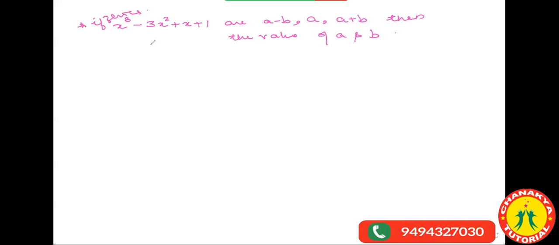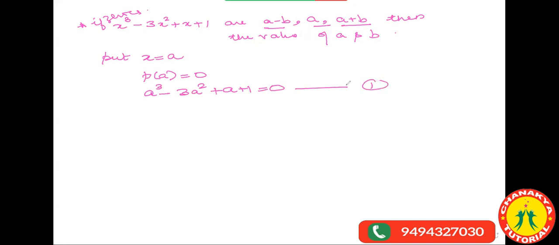So what do you mean by zeros, children? That means these are the values of x. So first of all, you will put x is equal to a in this polynomial. So P(a) will be equal to 0 because this is the zero. Just put the value: a cube minus 3a square plus a plus 1 will be equal to 0. This is your first equation. Got it?